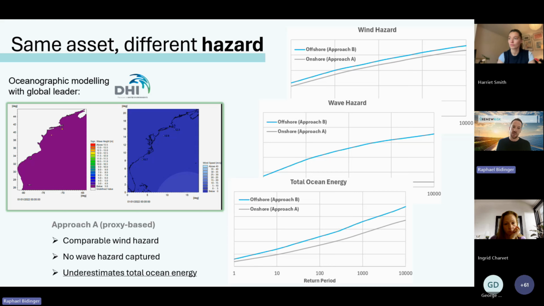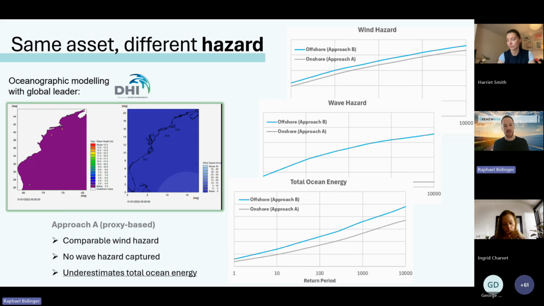And in the last step of our hazard methodology, we then combine the simulated wind speeds, the calculated wave heights and wave periods into a single intensity measure for the CAT model to properly link the hazard and the vulnerability modules. And that single intensity measure in our offshore wind models is called the ocean energy. So that fully captures the hazard impacts on offshore wind structures.